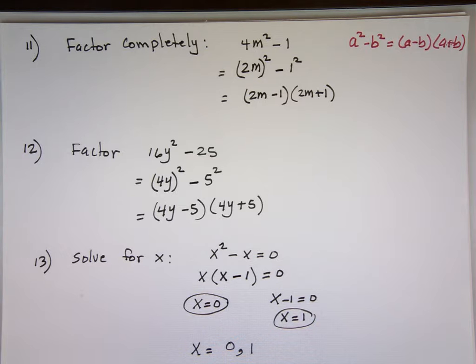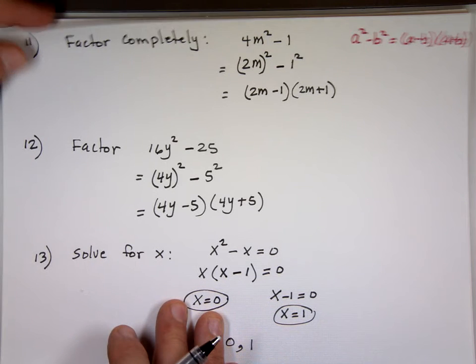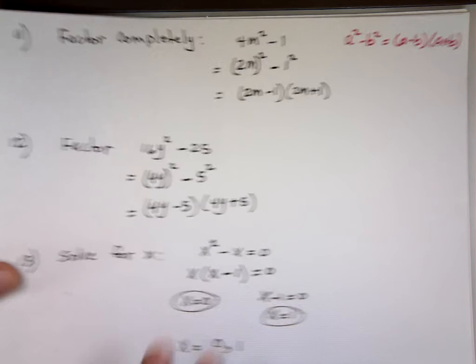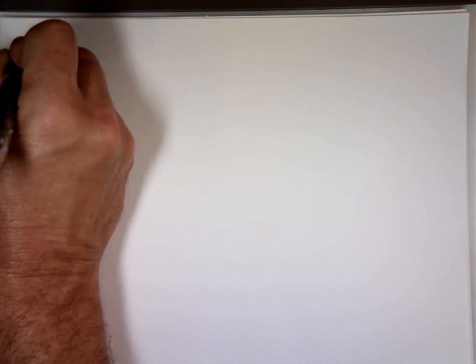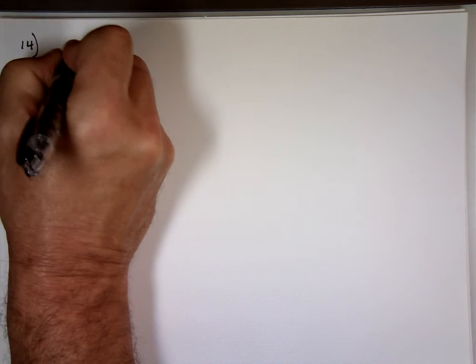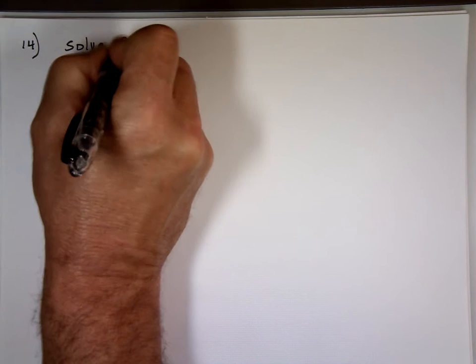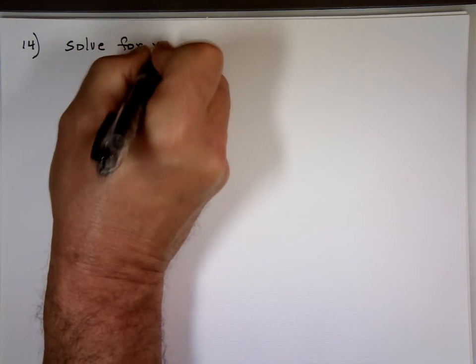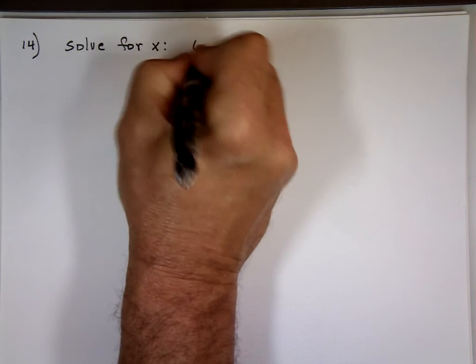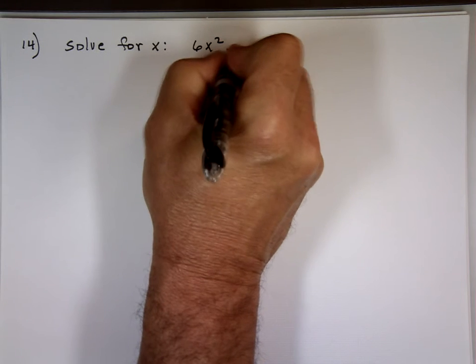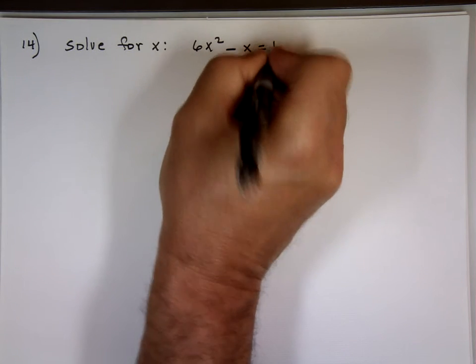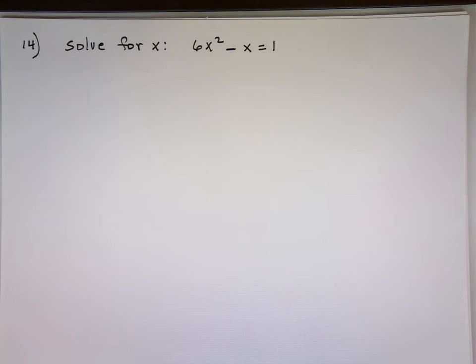Let's do a few more with solving here, but I'll make it more interesting. Solve for x. Six x squared minus x equals 1.